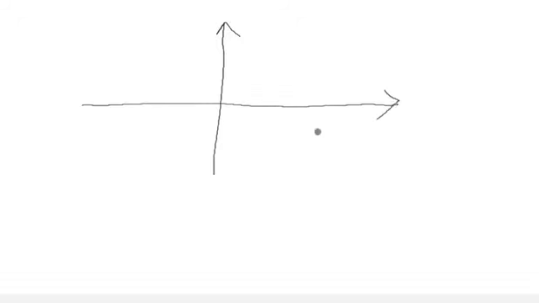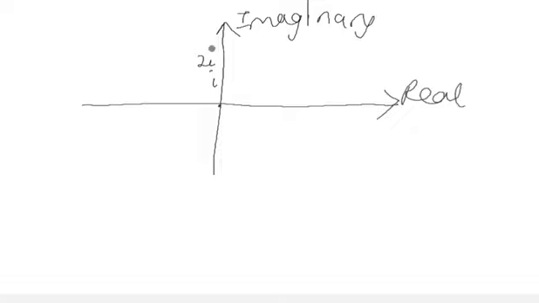Now, on the Cartesian plane, we are to describe a complex number. The x-axis is the real part, and the y-axis is the imaginary part. Here we have 0, and then we have i, 2i, 3i. Then here we have 1, 2, 3, 4.